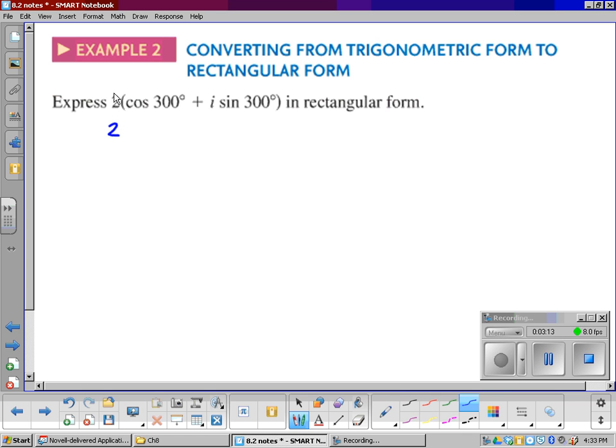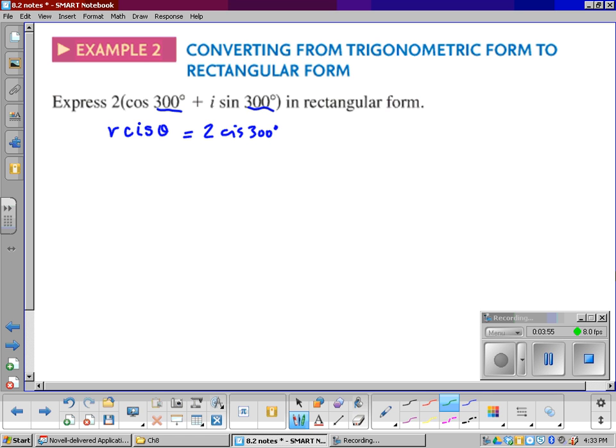It's this r value right here, let me write that as r instead of 2, and then it's c from cosine, the i from the i, and the s from sine, and then whatever your theta is, because that theta will be the same right here and right here. So this is a shortcut notation for writing 2 cosine 300 plus i sine 300. In this particular case, we could write it as 2 cis 300. It's easier to see how to evaluate it when it's in the long form, but if you're writing an answer, it's okay to write your answer 2 cis 300.